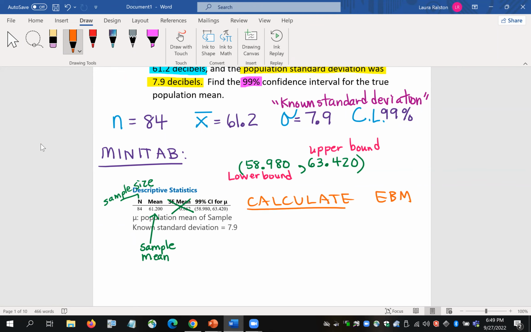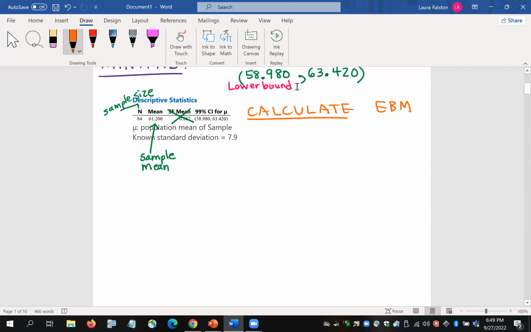Minitab does not calculate it directly for me, but gives me the information that I need to do it. The formula for the error bound for the population mean is the upper bound minus the lower bound, and that's divided by 2.